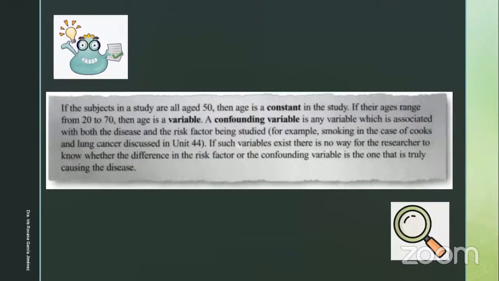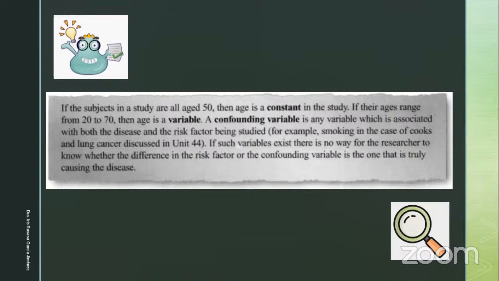If their age ranges from 20 to 70, the age is a variable because we can reach data with different ages. That's why a variable is that value that is changing, that has the capability to be different in the research. But the constant is that value that is not going to change.